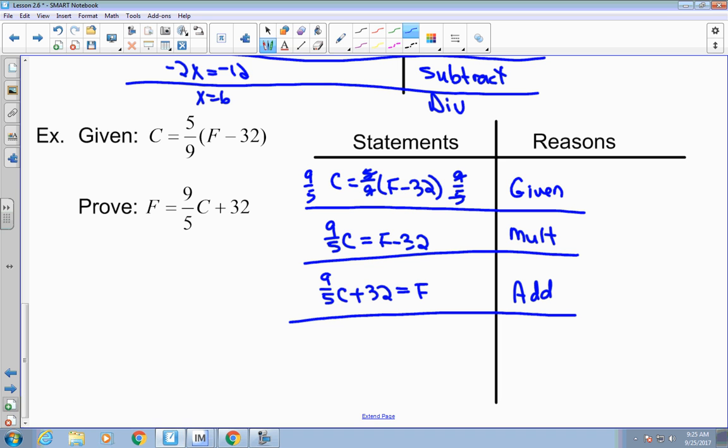Now I'm almost there. What do I need to do next? Oh, the C is not going to go anywhere. Yeah, we just need to switch it, don't we? We can just switch it. What's it called when we switch it? Symmetric. Okay. So F equals 9/5 C plus 32.